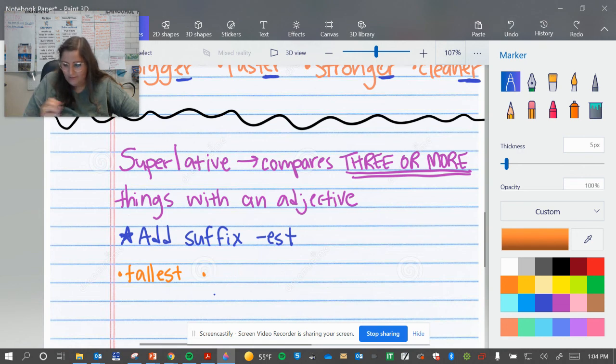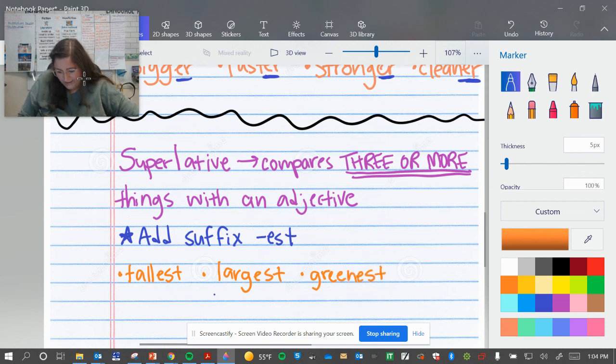Erase. That has something we need to talk about next week. What did we add to all of those words? Est, est, est, est.